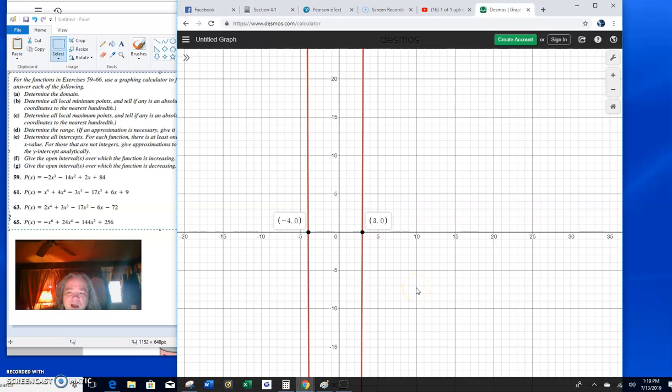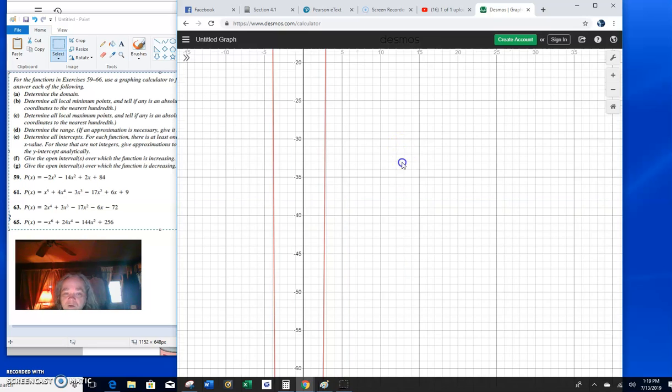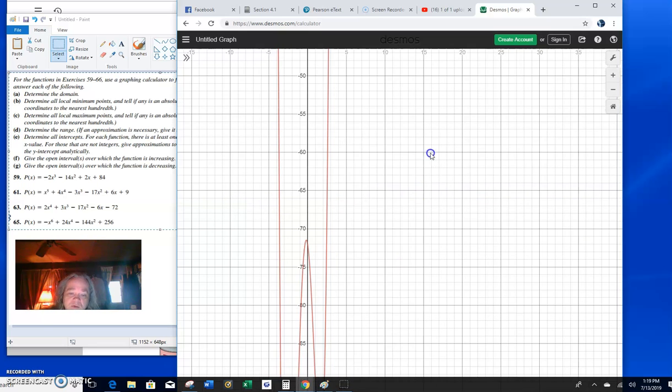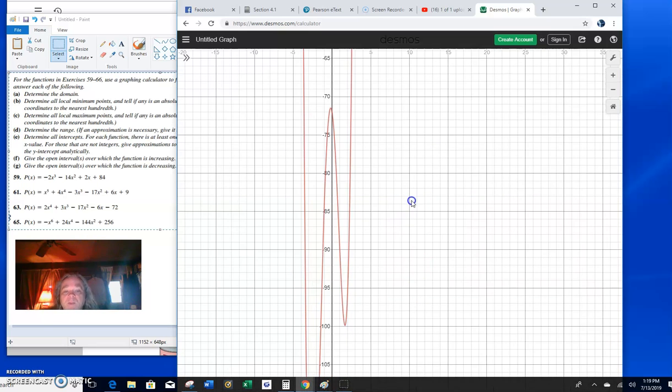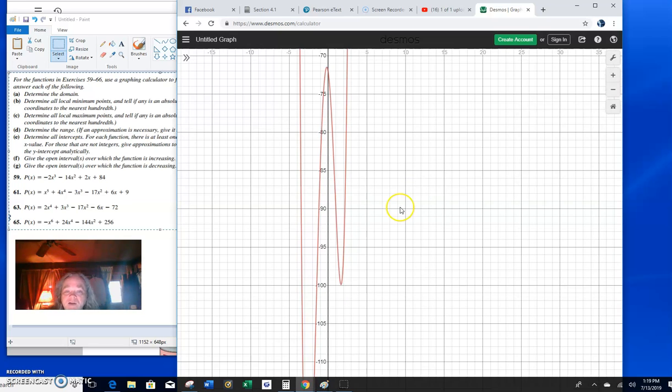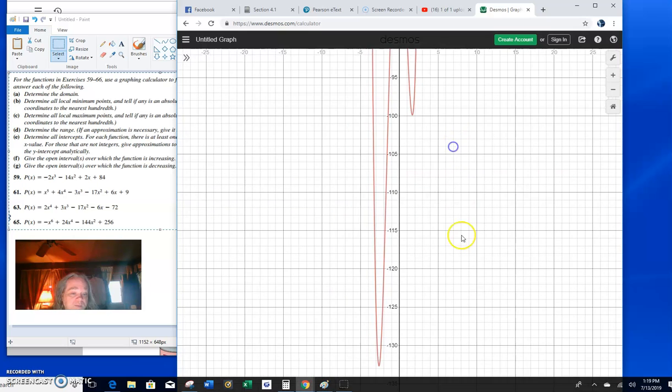Now, because our leading coefficient is positive and our graph opens up like this, then that means down here where your vertex is, that's actually a minimum point. So let's scroll all the way down till we find a minimum point. And actually, x to the 4th has several minimum points.